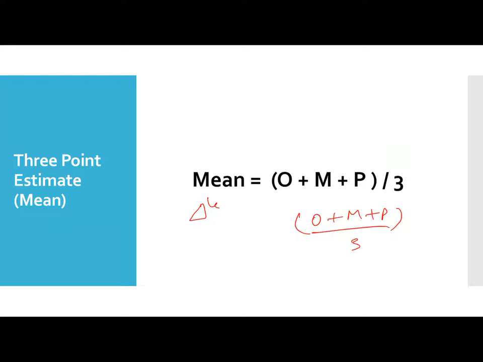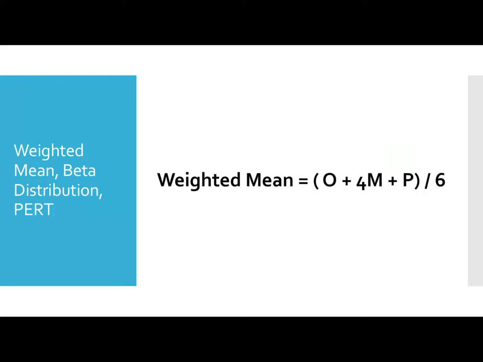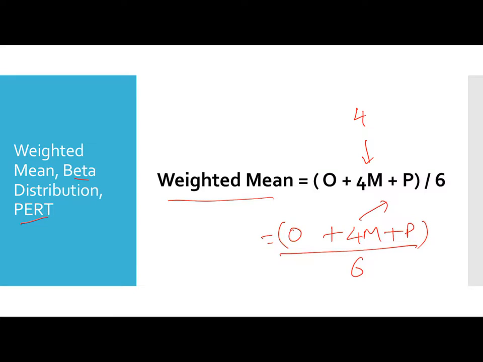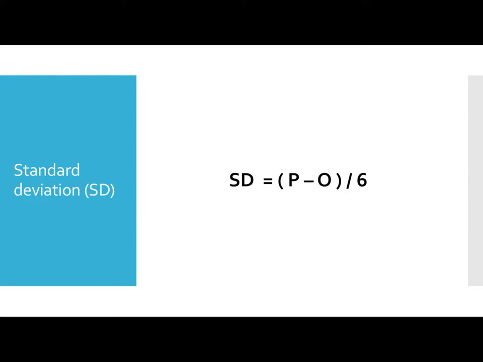That's the 3-point formula of the triangular distribution. Then you have the beta distribution, or PERT. It's called weighted mean, in which the most likely value gets more weightage of 4. So weighted mean is optimistic plus 4 times most likely plus pessimistic, whole divided by 6. Weightage is given to the mean, so that's why it's called weighted mean.